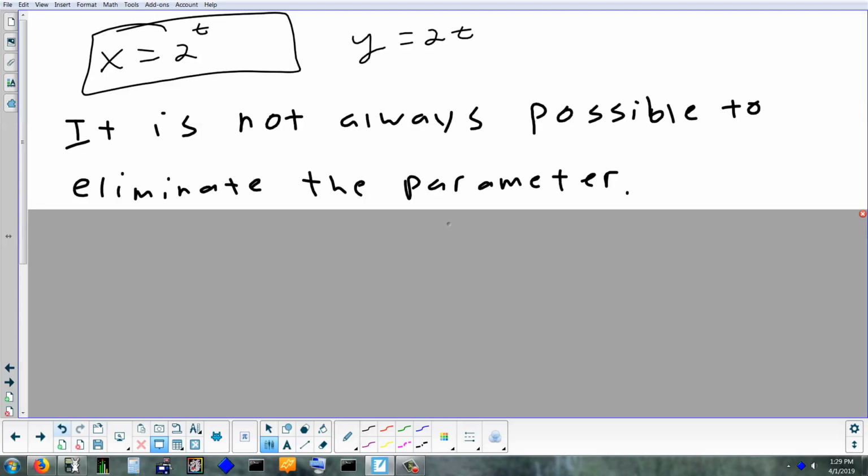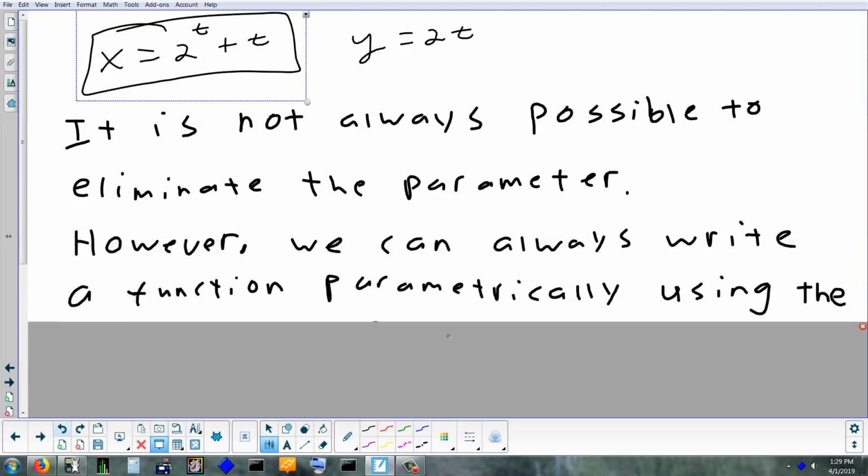So you could rewrite this with a logarithm. Let me double check that. Log base 2 of x. Yeah. So either way, you could do it. Combine them together, and now you gave me a problem. I can't get the t out of the exponent and out of being in that term at the same time. So you cannot eliminate the parameter. If you figure out a way, let me know.